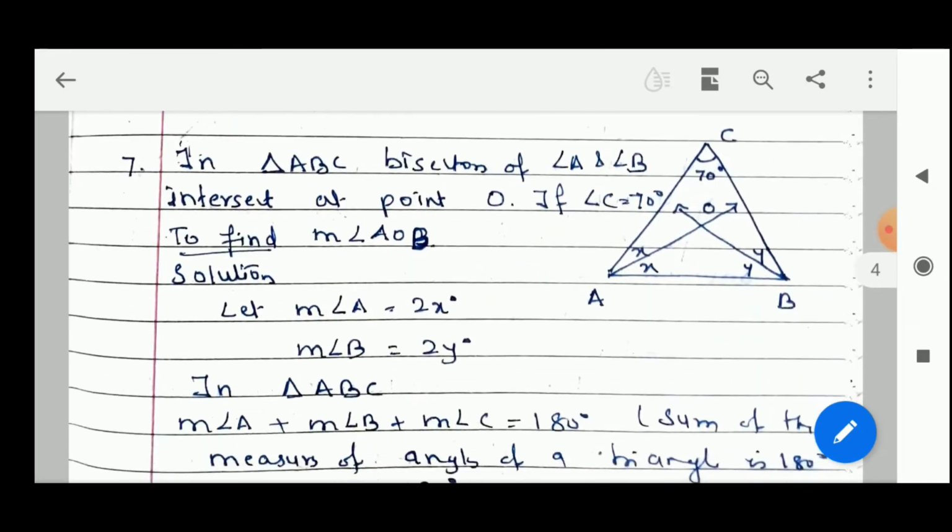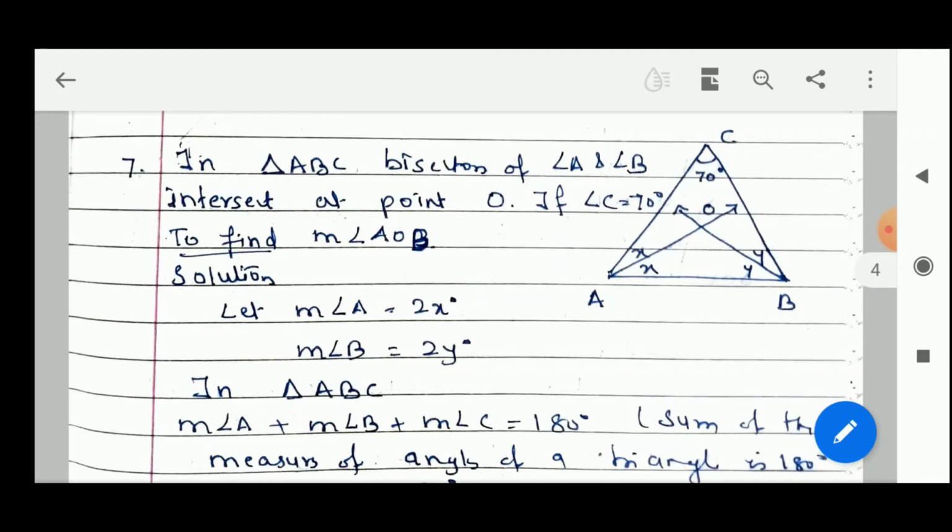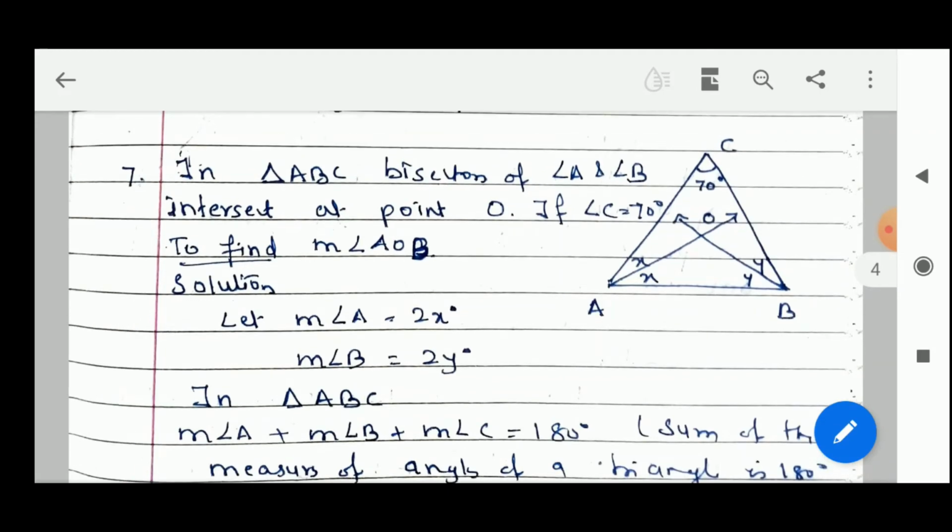Now the seventh sum you see here. In figure, in triangle ABC, AO and BO are the bisectors of angle A and angle B. So angle C is equal to 70 degree. Find the measure of angle AOB. Let the measure of angle A be 2x, measure of angle B be 2y.